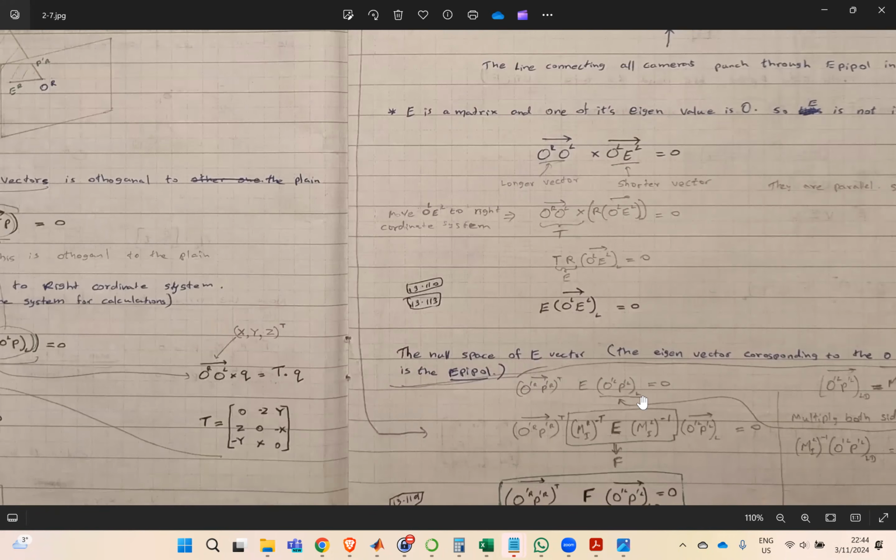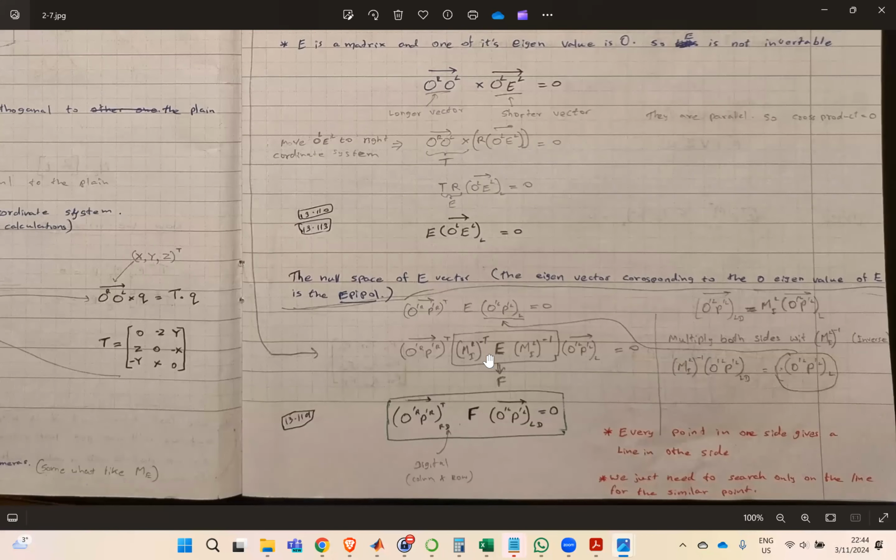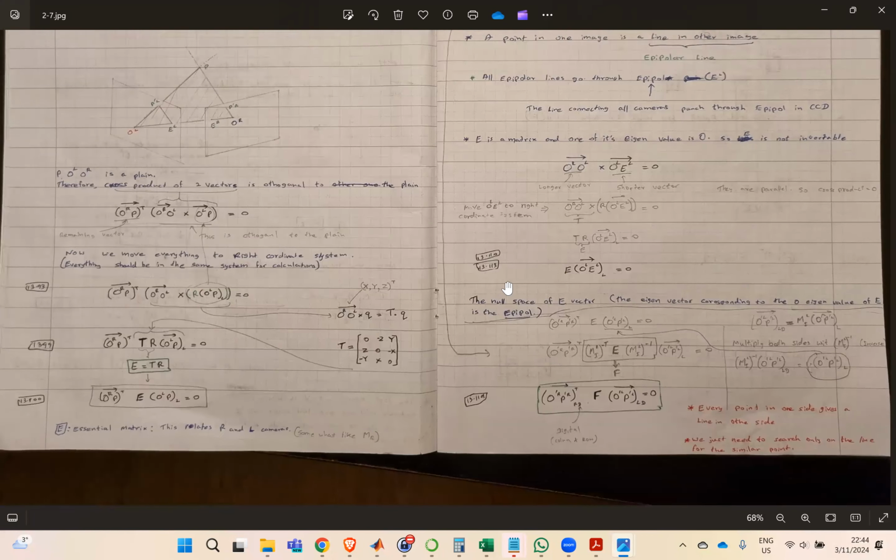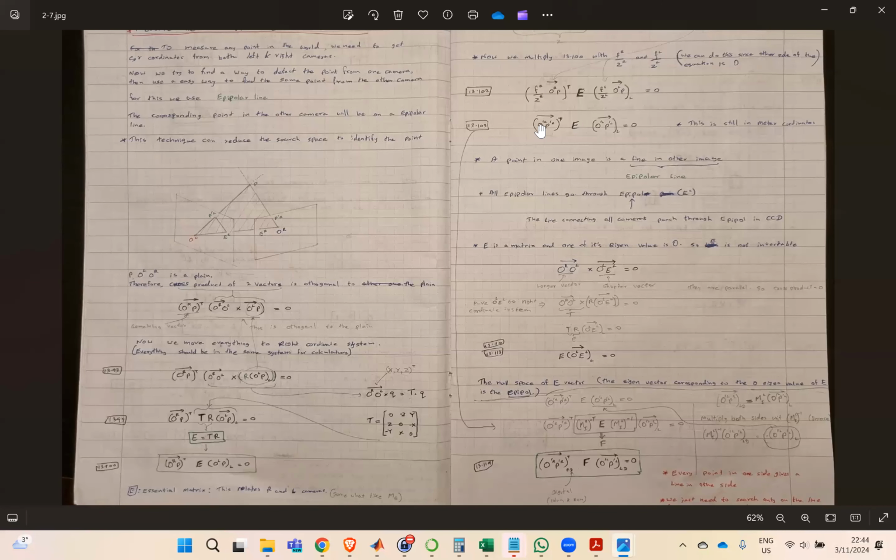Let's see what we can do. We said this is in meter coordinates. So how do you convert meter coordinates in the camera image into digital coordinates? The intrinsic matrix MI.